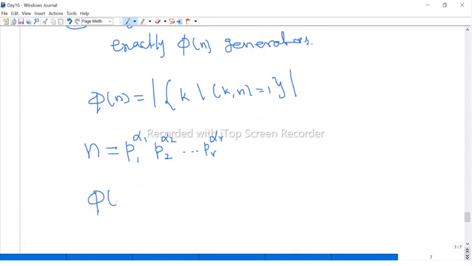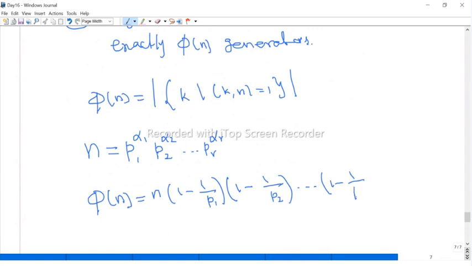Then the phi of n value is n into 1 minus 1 by p1, into 1 minus 1 by p2, into etc., 1 minus 1 by pr. This is a very important formula.